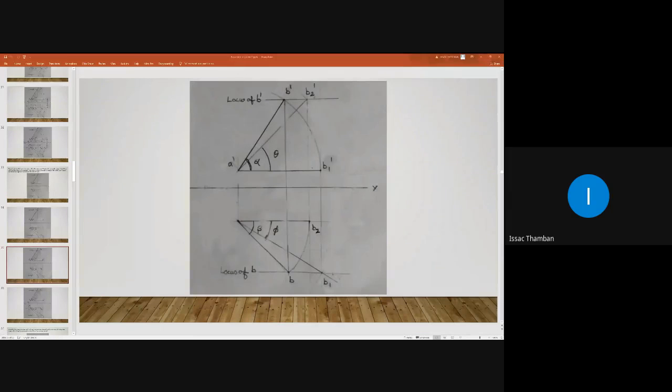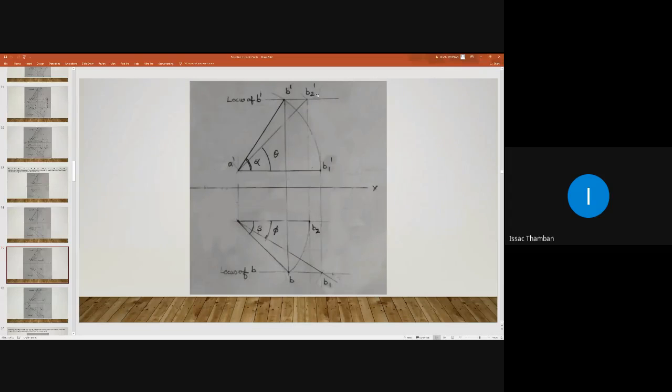So we have obtained the true inclination and the true length of line AB. Phi is 35, theta is 40, and the true length is obtained as 55 mm. We obtained the true length from here and from here. It must tally.